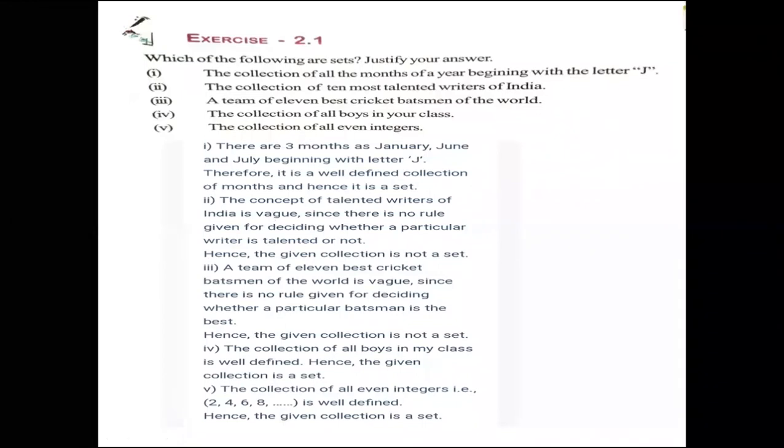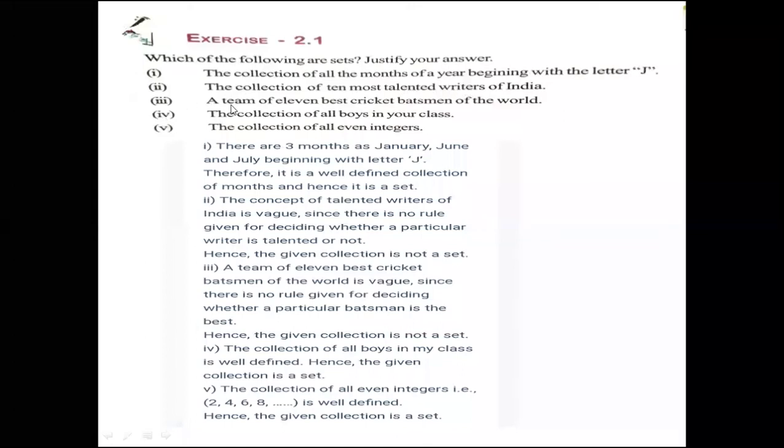It is a huge topic to decide whether there are only 10 talented writers or not. So we can say that it is not a set. We can have more than 10 talented writers. For that reason we can say this statement is not a well-defined collection of objects.